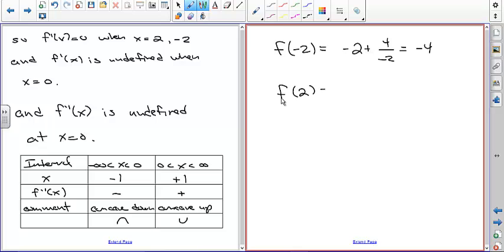And f of 2 is going to be equal to 2 plus 4 divided by 2, which is 4. So the actual coordinates of the critical numbers are negative 2, negative 4 and positive 2, positive 4. So those are the coordinates. Now we're going to add a piece of graph paper.